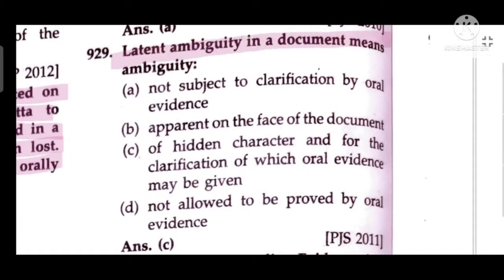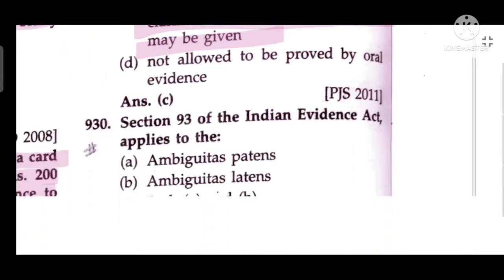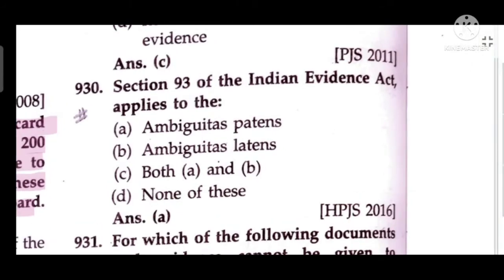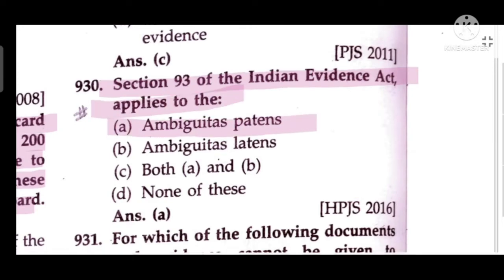Latent ambiguity in the document means ambiguity of hidden character, for clarifying which oral evidence may be given. Section 93 of the Indian Evidence Act applies to ambiguous patents.